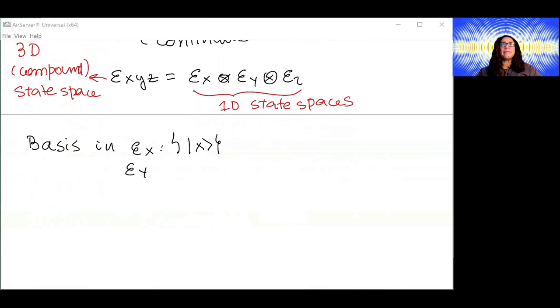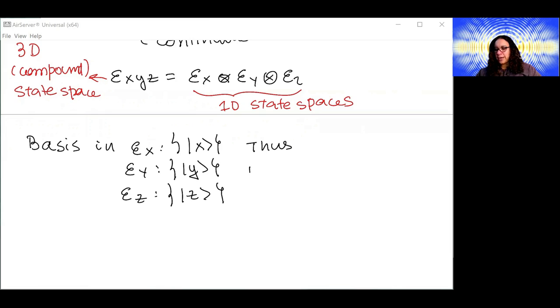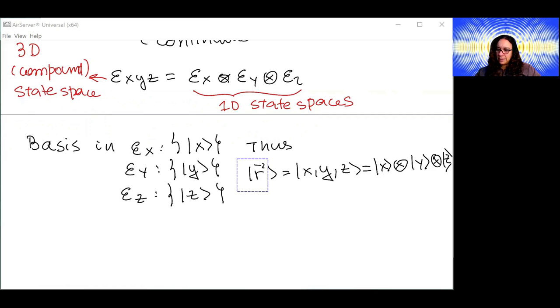In E_Y, it is going to be the Y basis. And in E_Z it is going to be this spanning set. So that we can construct this ket r, which is x, y, and z, which is the tensor product of x, y, and z.